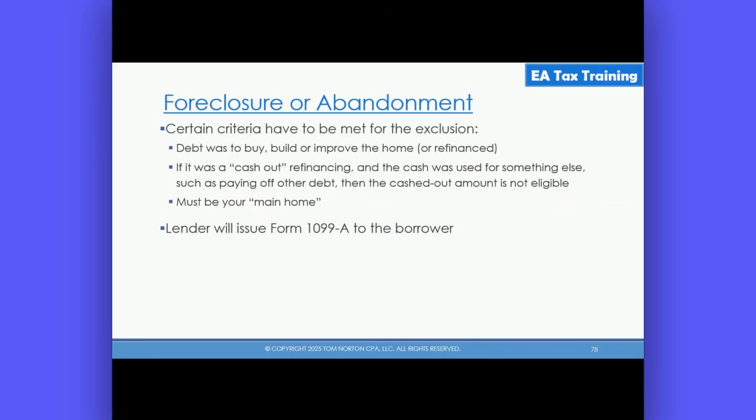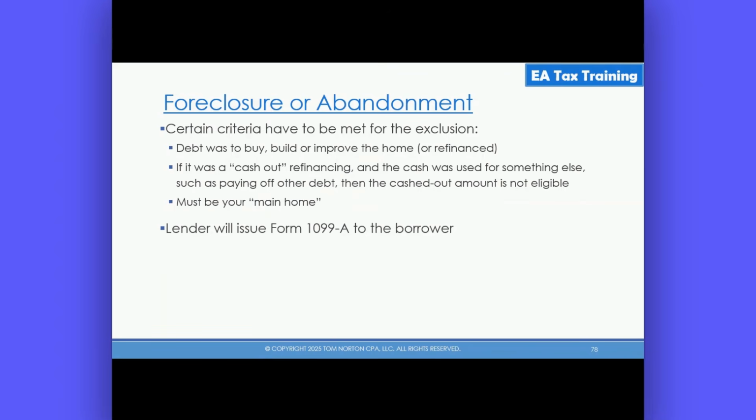So there are certain criteria that have to be met in order for this exclusion to apply. First of all, the debt had to be to buy, build, or improve the home, or to refinance a debt that was to buy, build, or improve the home. If it was a cash out refinancing and the cash was used for something else, such as paying off a different debt, then the cashed out amount is not eligible.